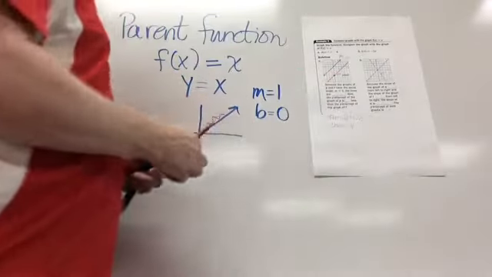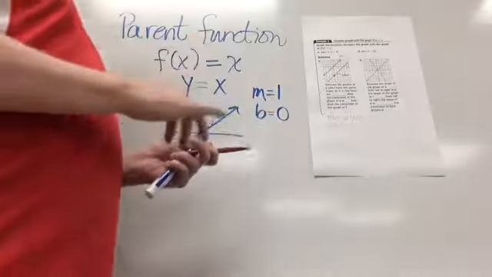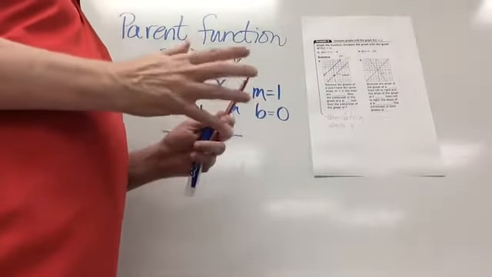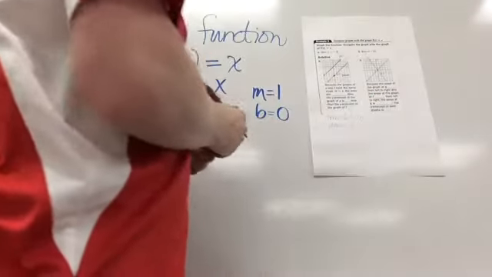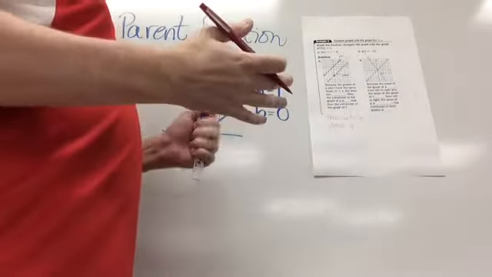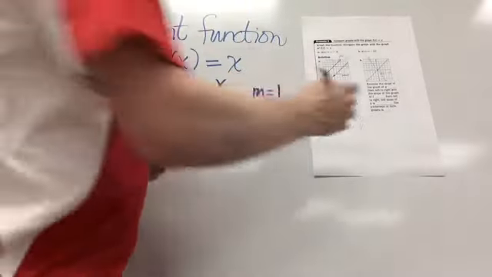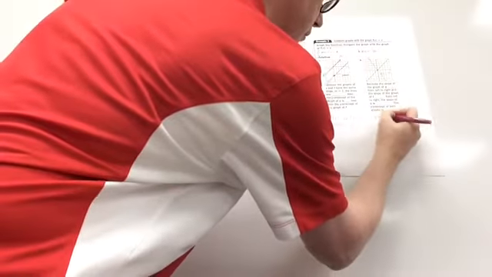Now, if you look over here at example B, you'll see that example B went from a positive slope in the parent function to a negative slope right here. I'm pointing at that line right there. That's a negative slope. Anytime the slope is negative, we call that a reflection.